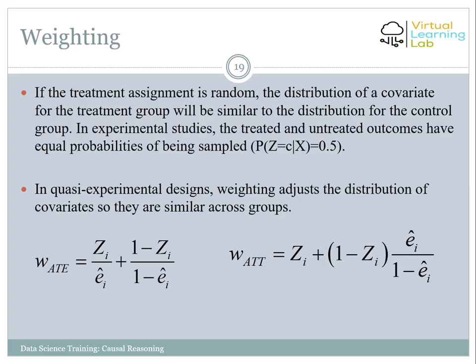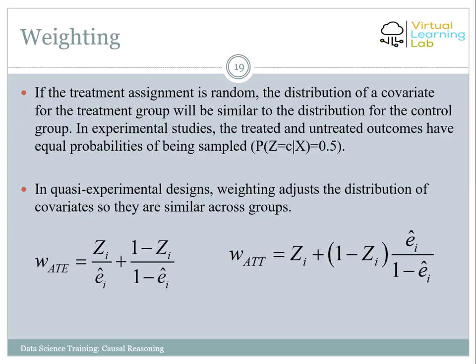Weighting in propensity score analysis is similar to weighting in survey methods, and the form of the weight depends on which quantity you want to estimate. The weight to estimate the average treatment effect is commonly known as inverse probability of treatment weight, IPTW.